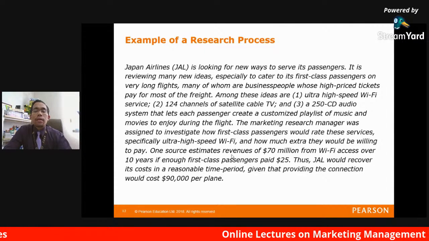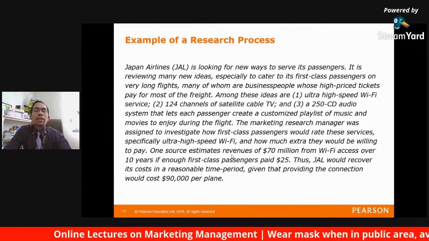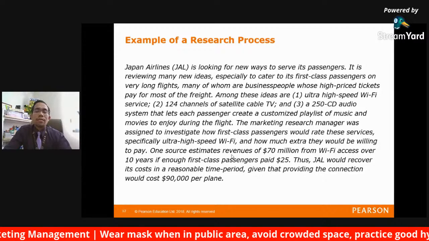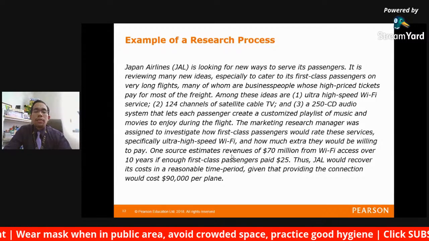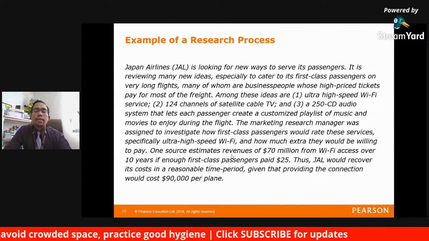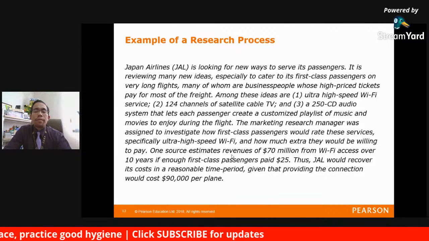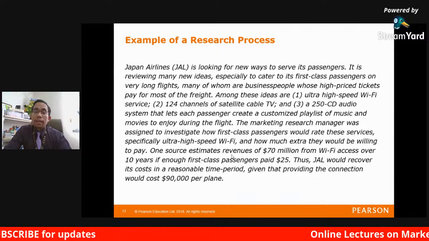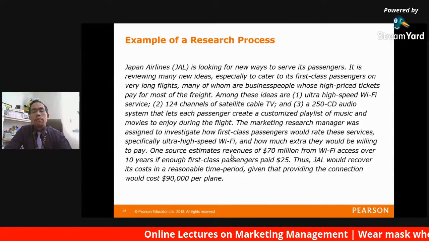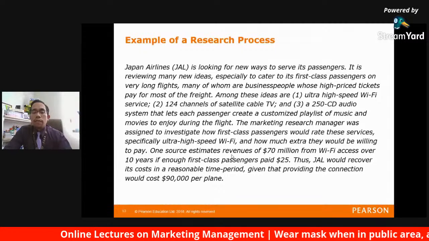Among these ideas: ultra high-speed Wi-Fi access, 124 channels of satellite cable TV, and a 250 CD audio system that lets each passenger create a custom playlist of music and movies to enjoy during the flight.